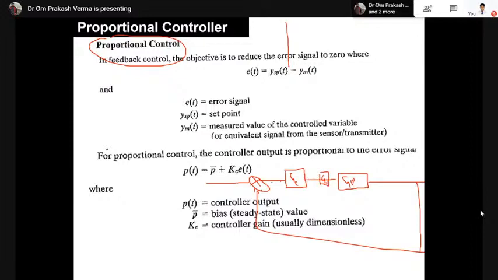Now, what happened? This is the R value, the input value. This is the feedback.